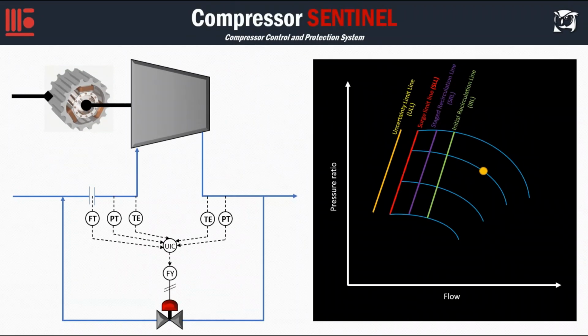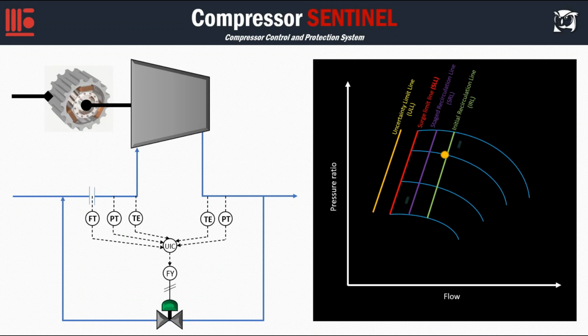When the operating point is to the right of the IRL, the controller acts by closing the recirculation valve. Otherwise, when the operating point is between the stage recirculation line, SRL, and the IRL, the controller executes an opening action. For this, the anti-surge controller performs a proportional-integral, PI, control action.